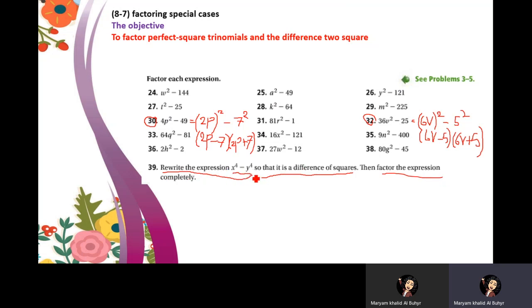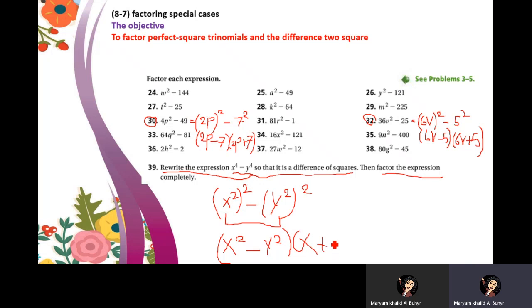Here, you don't need to worry about this shape. You can say (x to the power 2) all to the power 2 minus (y to the power 2) all to the power 2. Any problem here? No problem. I just have a difference between two perfect squares. So I will say x squared minus y squared, then x squared plus y squared.